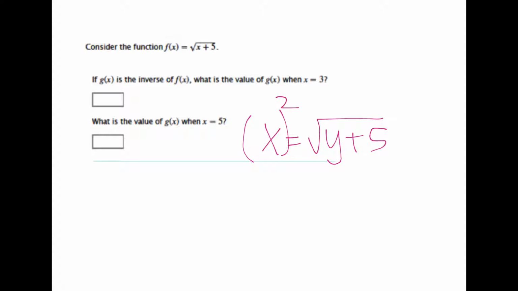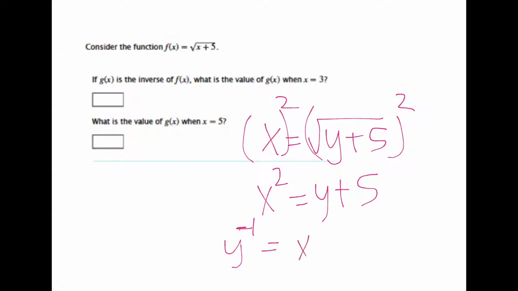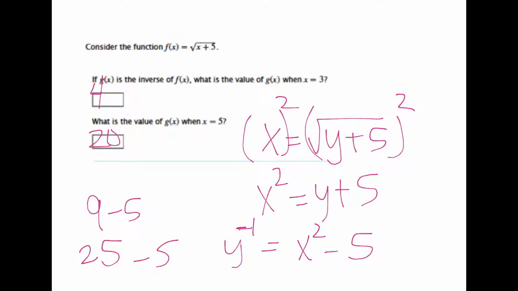You square both sides. x squared equals y plus 5. And then you get y to the negative 1, because that means inverse, equals x squared minus 5. Then you could plug 3 in, and you would get 9 minus 5 is 4. And if you plug 5 in, you get 25 minus 5 is 20.